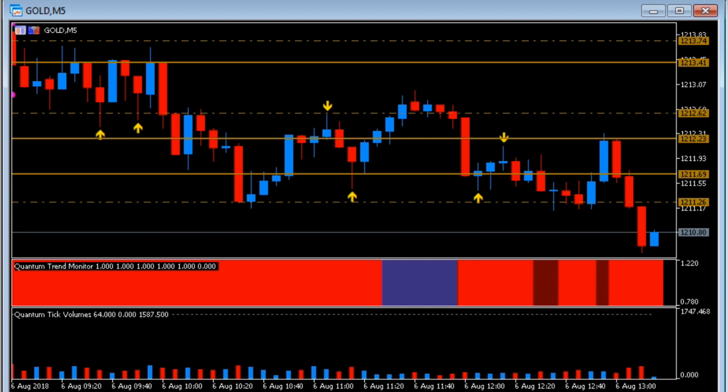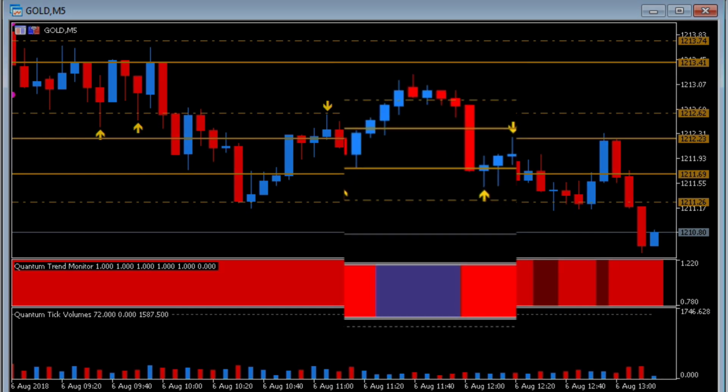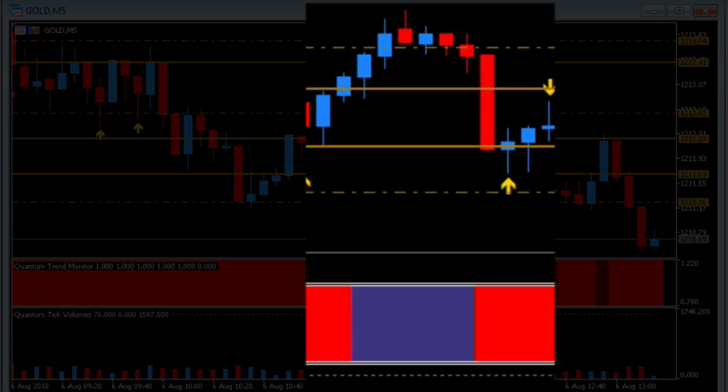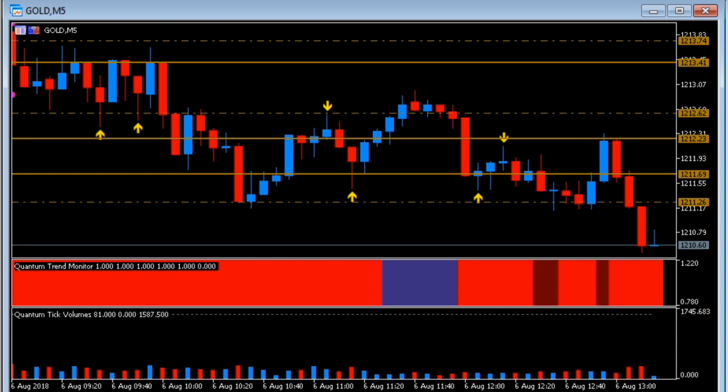Now on the 5 minute chart you can see we've got the trend monitor, and this is another facet of using multiple time frames which is so important. On the 5 minute we had a little bit of a transition through to a darker blue where potentially we might have been seeing a reversal in trend, but then we've transitioned back to bright red.